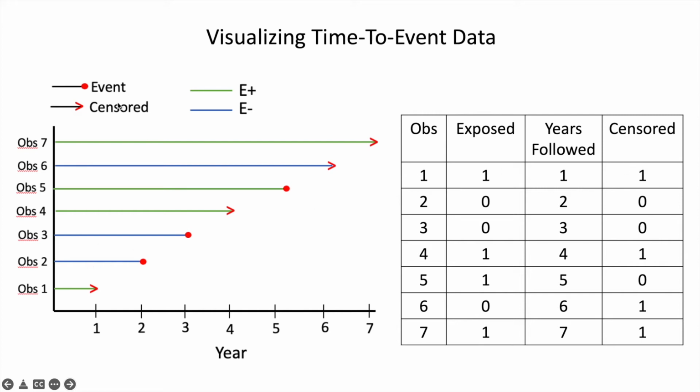Person 2 was in the exposure negative group. They were followed for 2 years, and their follow-up stopped because they had the event. So they're censor negative. That's basically the way this data can go from being visual into a table format that could be analyzed.